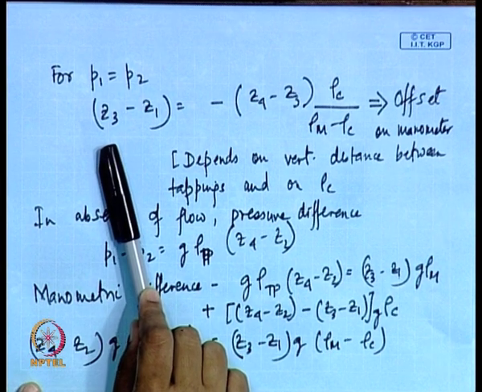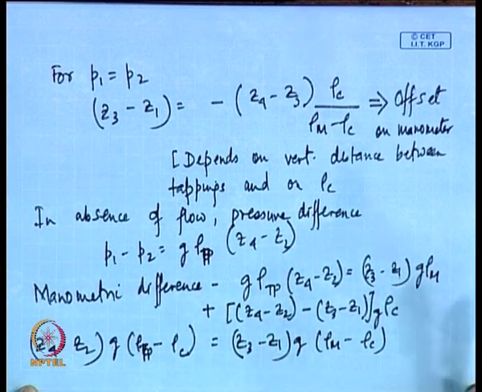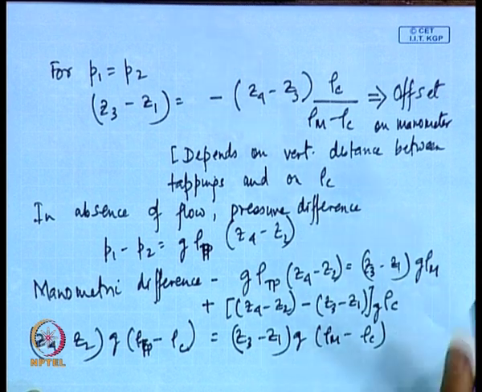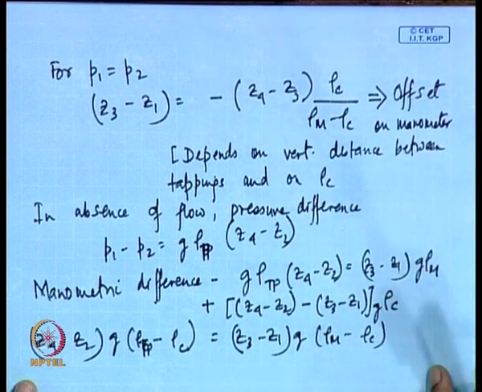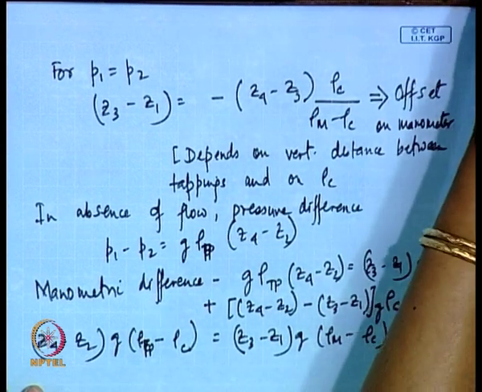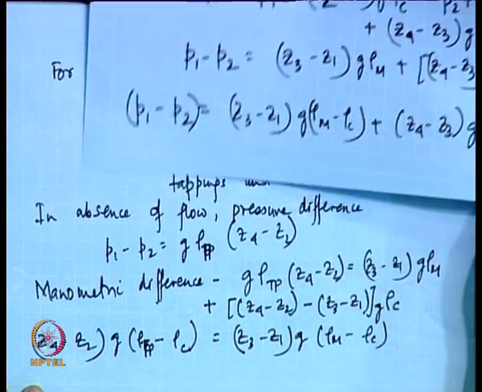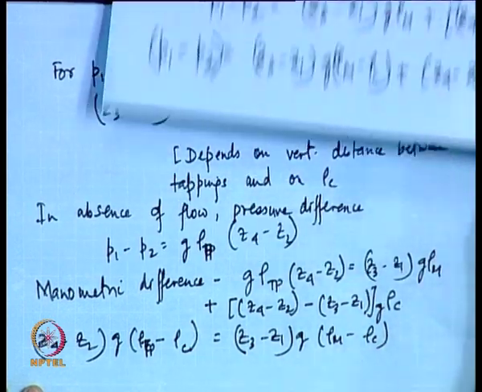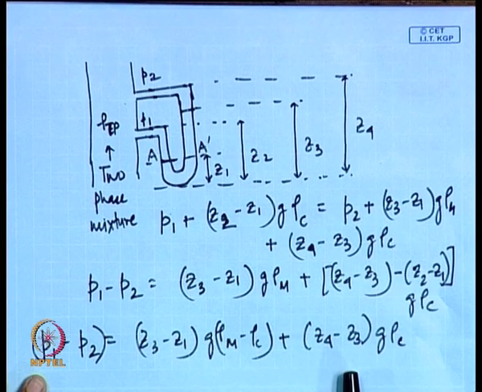Number 2, since in that particular case rho c will be much less, we find that more or less we can get more accurate predictions of pressure drop if rho c is less.